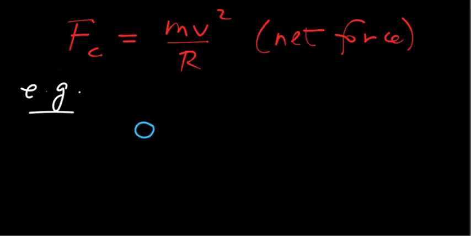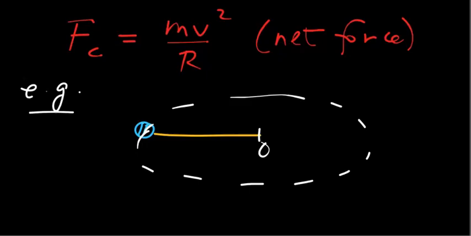Assume that you have a piece of rock that is being swirled around in a horizontal circle. So that is the center of the circle, and that is that circular trajectory, roughly. And let's say the direction of motion of this object is that way. Assume the length of that string is r.